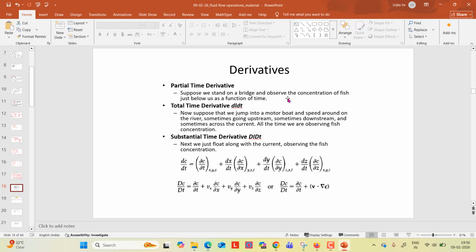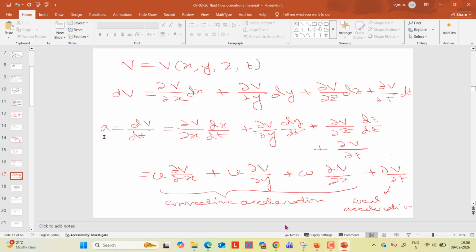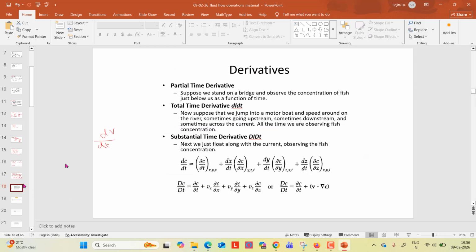If you write this in terms of velocities, what will it be? So dv dt, the total time derivative, just like this expression, right? So dv dt equals del v del t. You have written it here.